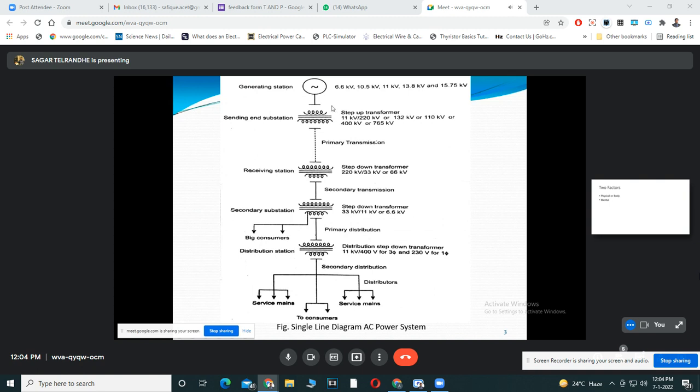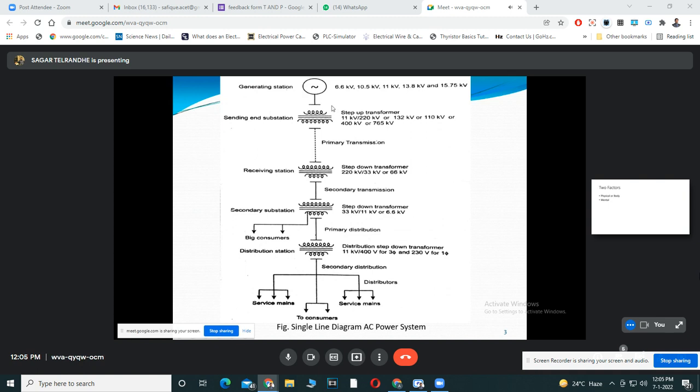This voltage is stepped up with the help of a step-up transformer to a voltage of up to 765 kV.